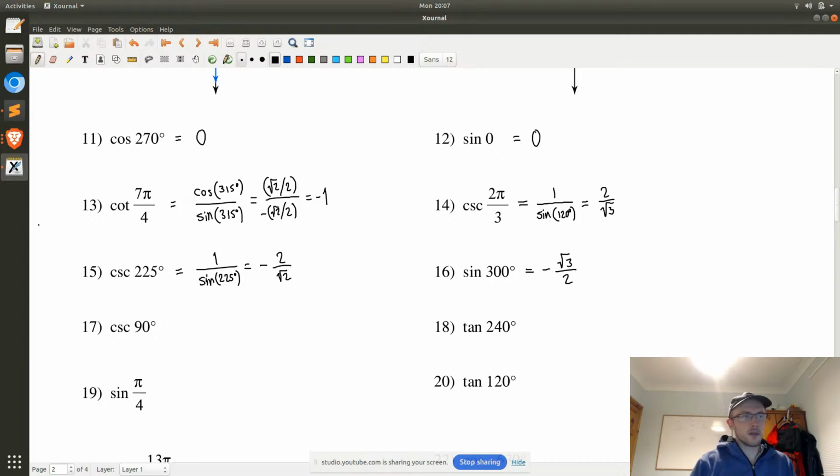Okay, I'll check these now. 0, 0. Negative 1. Right, of course. Rationalizing the denominator. Okay.